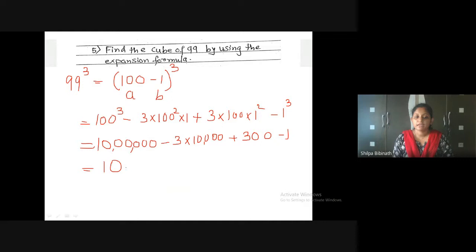So 10 lakh minus 30,000, put a comma when the number is bigger, more than 4 digits. Okay, plus 300 minus 1.